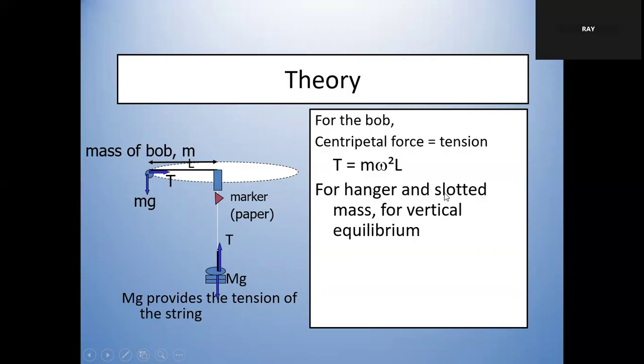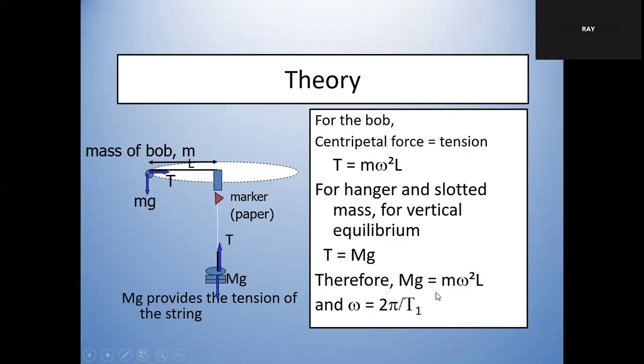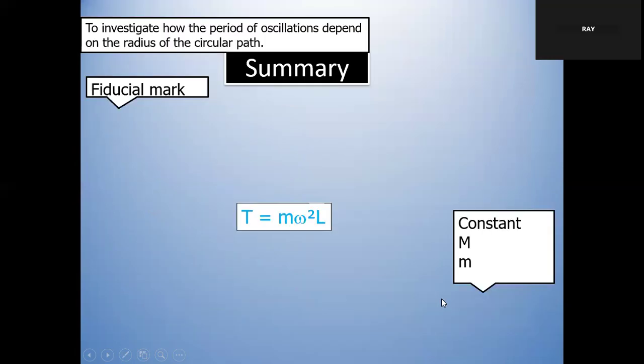For the hanger and the slotted mass, where it doesn't move up and down anymore, where it reaches the marker, the edge of the tube, there's equilibrium. Tension equals mg. So that's how we get the formula: Mg equals m omega squared L. Then omega equals 2 pi over T1, where T1 is the period.